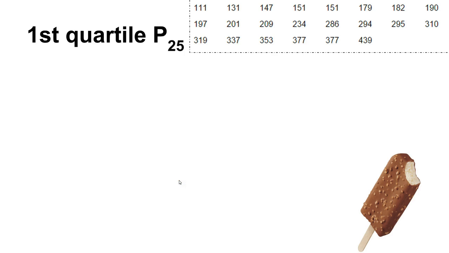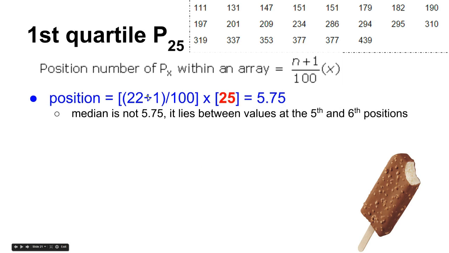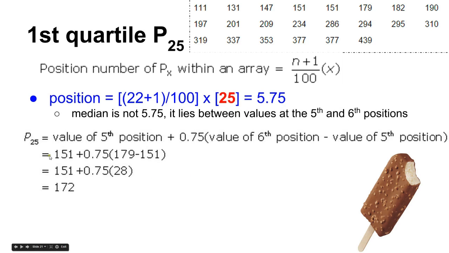Now let's take a look at the first quartile. The same thing: we've got 22 data points, and we want to find the 25th percentile. We punch in the numbers and end up with 5.75, 3/4 of the way between the 5th and the 6th position. Once again, we take the 5th value, which is 151. So 1, 2, 3, 4, 5 happens to be 151.